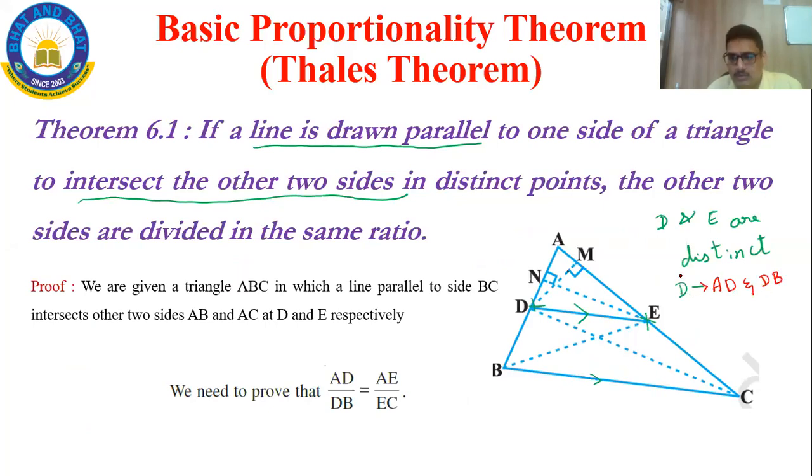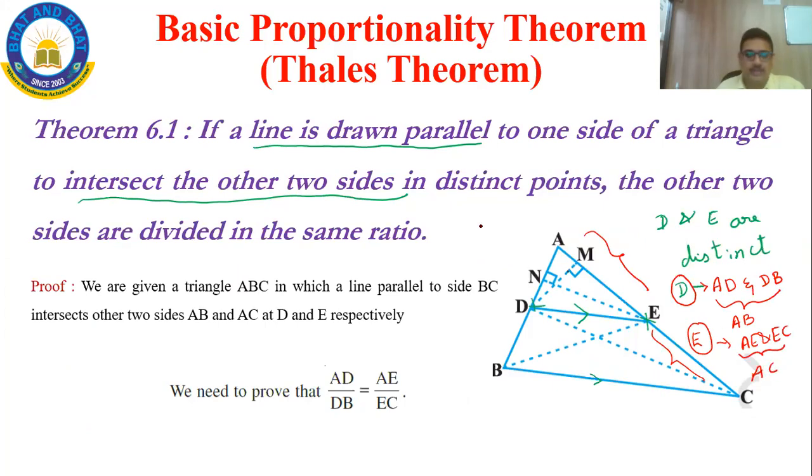Because of this, AB is divided into two parts, AD and DB. Similarly, AC is intersected at point E, so I am getting two parts, AE and EC, formed on the side AC. It says the other two sides, AB and AC, are divided in the same ratio.